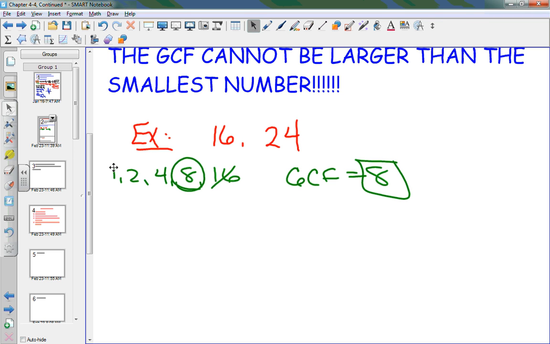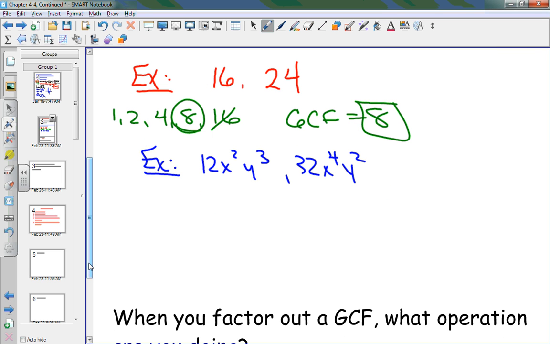Okay? Same kind of concept here, but this time I'm going to give you 12x squared y cubed and 32x to the 4th y squared. This time I'm throwing some letters with exponents on them. So what's my smaller number up there? 12. So what are all my factors of 12? 1, 2, 3, 4, 6, and 12.